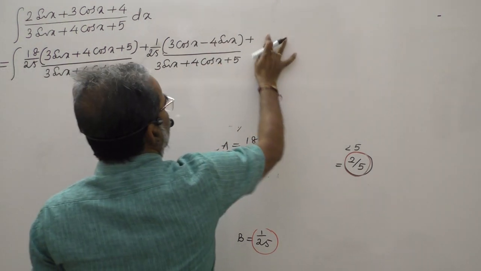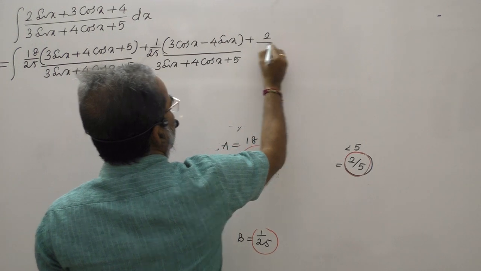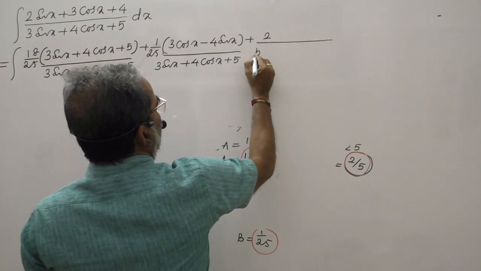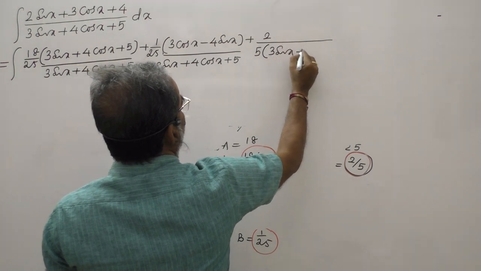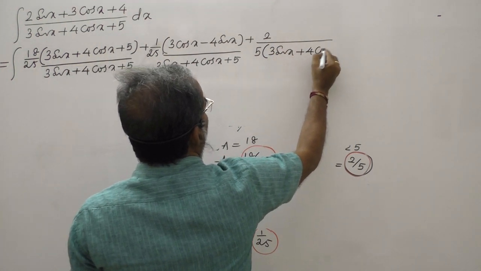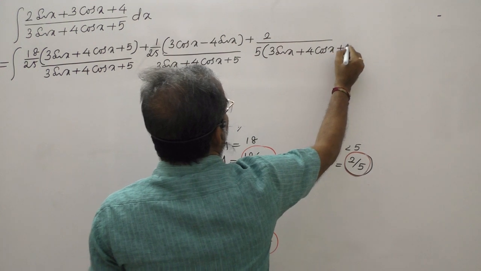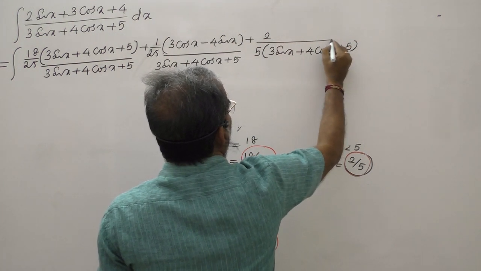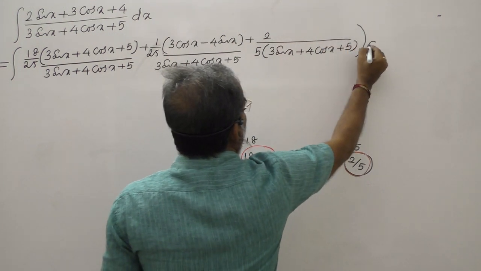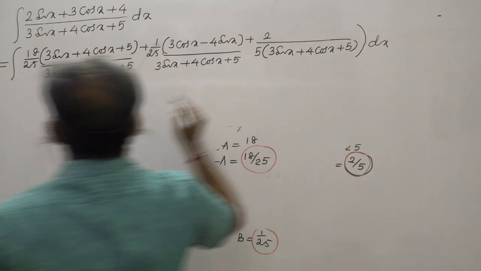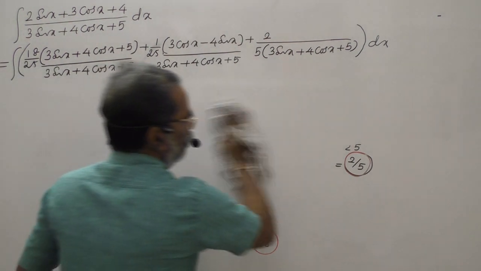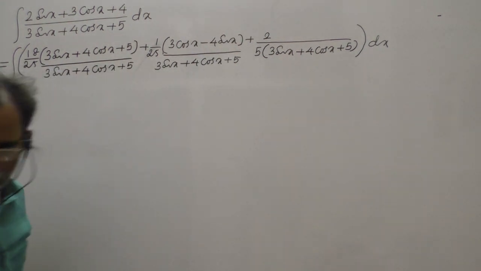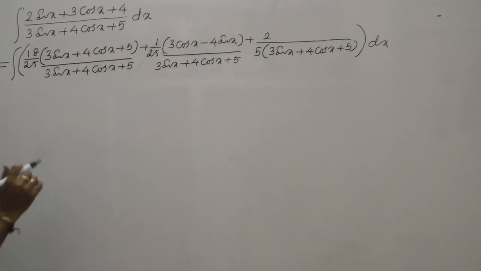That means 2 divided by 5 into 3 sin x plus 4 cos x plus 5, into dx. This is our integral. Now you please see.